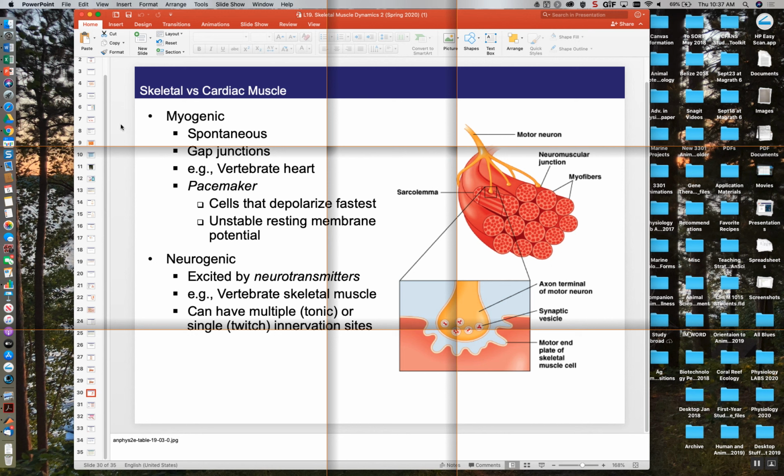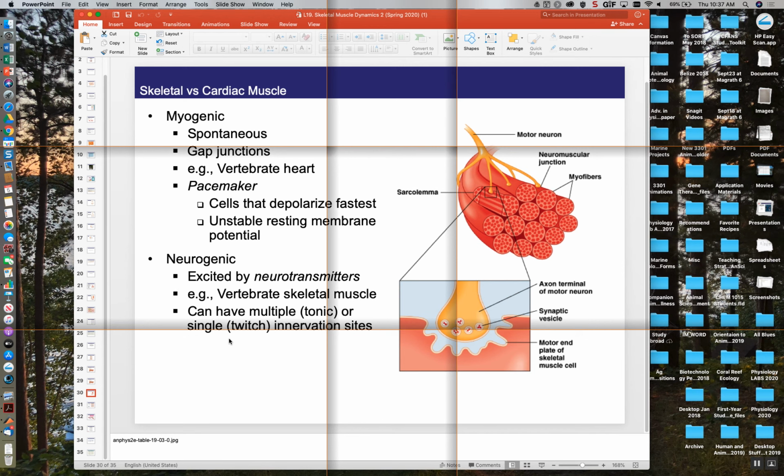So with that, skeletal muscle is neurogenic because that depolarization wave comes from neurons, motor neurons. So neuro is referring to the neurons. Genic is the origin of the electrical stimulus. So it can have multiple or single twitch innervation sites.